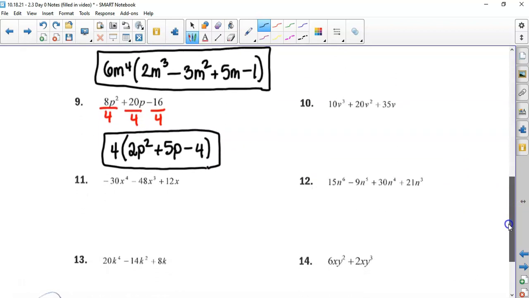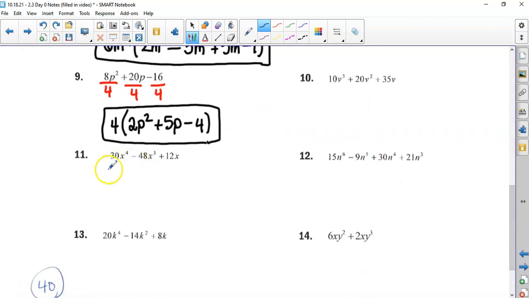Moving on to 11, negative 30x to the 4th minus 48x cubed plus 12x. Now, when we have a negative leading coefficient, standard practice is normally to factor out a negative GCF.